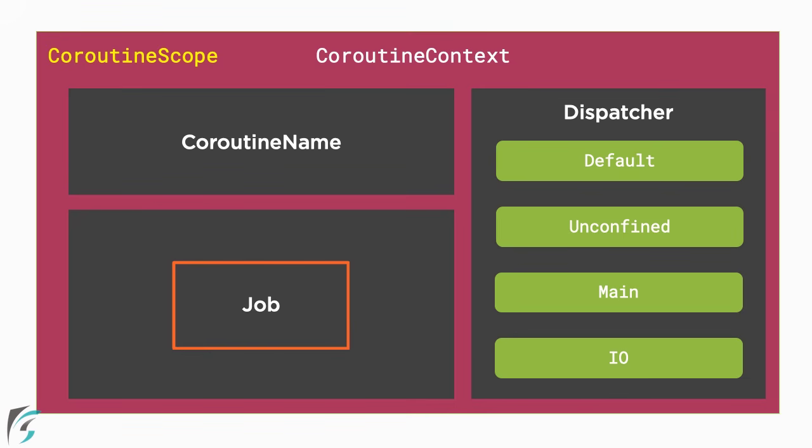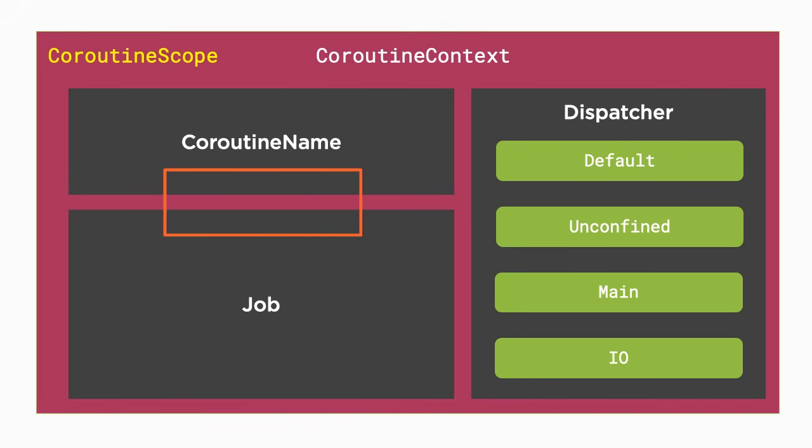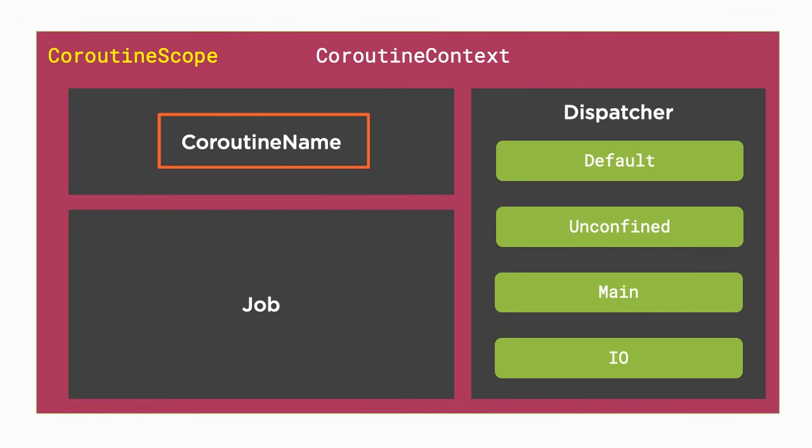Now next we have this job object, which we have already explored in our previous videos. So I guess no need to discuss anything about this right now. Next, what about this coroutine names? Well, you can assign a name to your coroutine and even combine two coroutine contexts together. And also by assigning names to your coroutine, you can debug your coroutine, right?